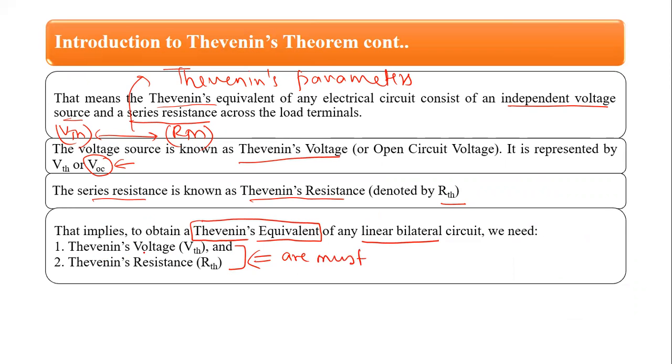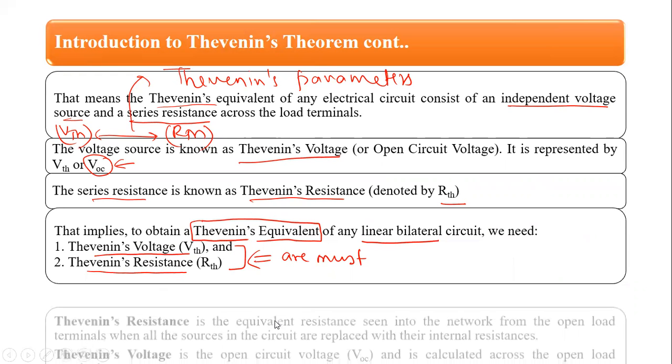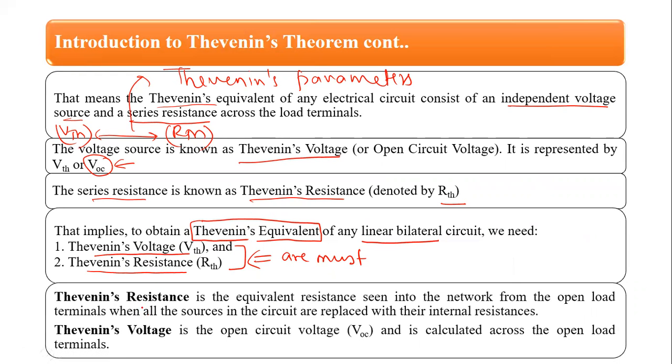So we need to calculate Thevenin's voltage of the given circuit and Thevenin's resistance of the given circuit. What is Thevenin's resistance? Thevenin's resistance is nothing but an equivalent resistance, but this equivalent resistance is measured in a different manner.